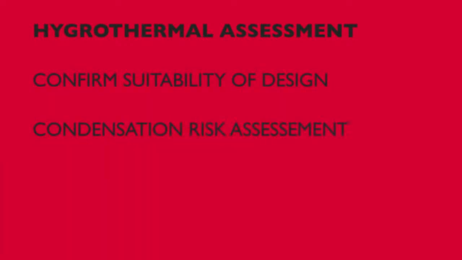We discussed earlier how an intermediate or external airtight line may remove the need for a vapor control layer internally. This generally requires confirmation of its suitability by means of a condensation risk assessment calculation, and we'll look at this in more detail now. The GD40 document refers to the two methods given in BS 5250-2021. BS 5250 was, until the 2021 edition, the code of practice for the control of condensation and was heavily focused on condensation risks.